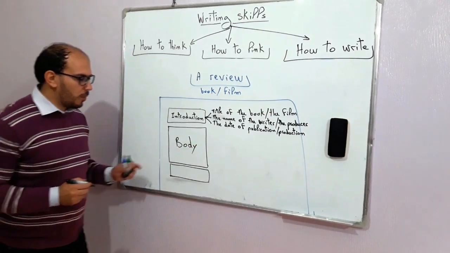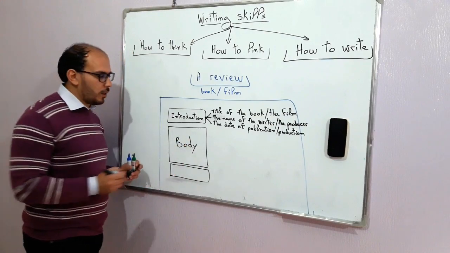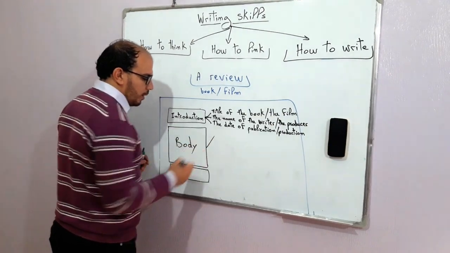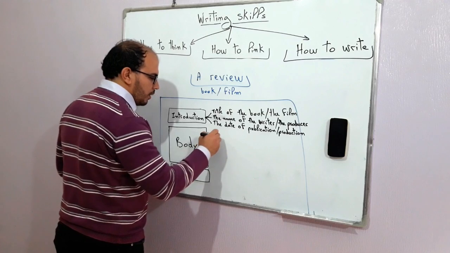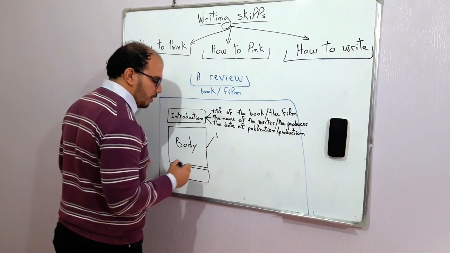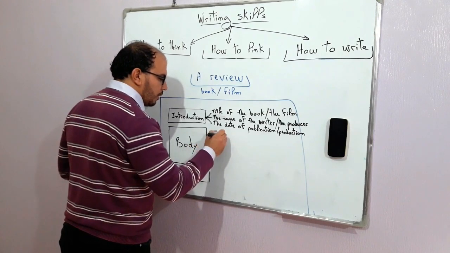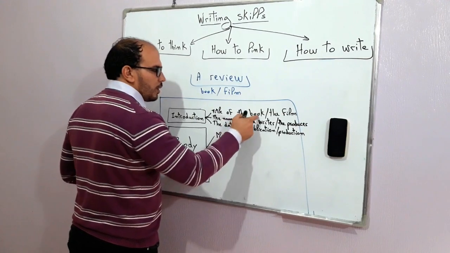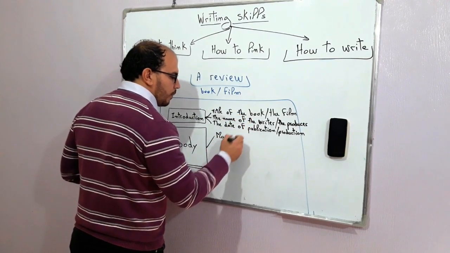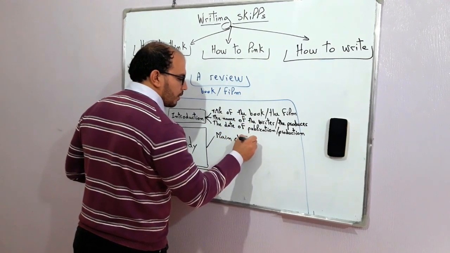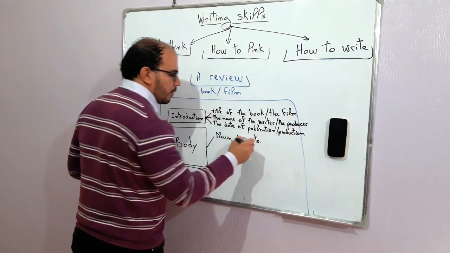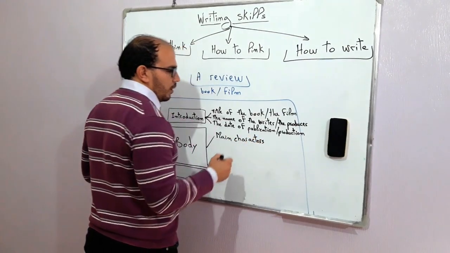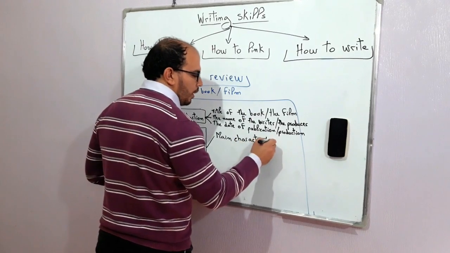In terms of the body, we also have specific information to speak about. The first thing we have to mention is the main characters if it is a book, or the main actors if it is a film.